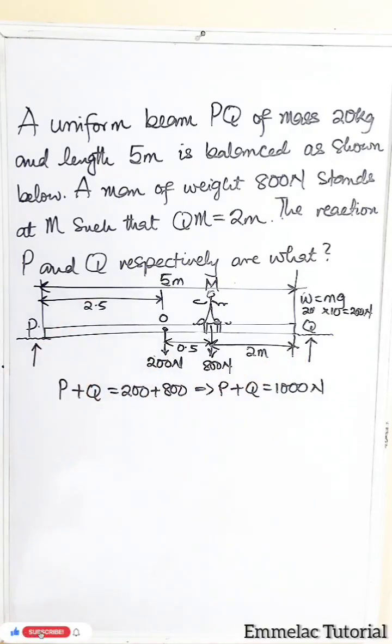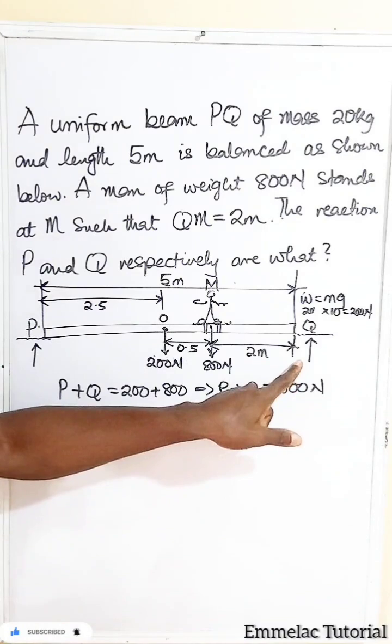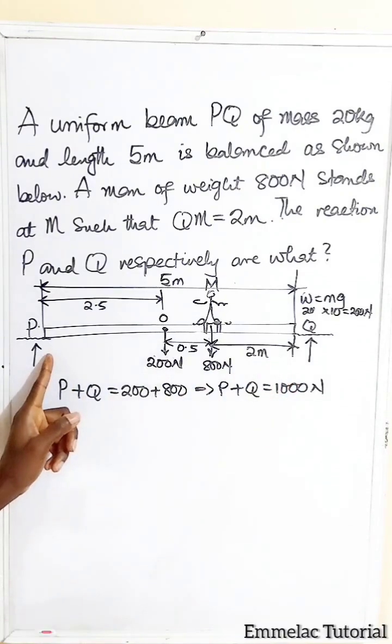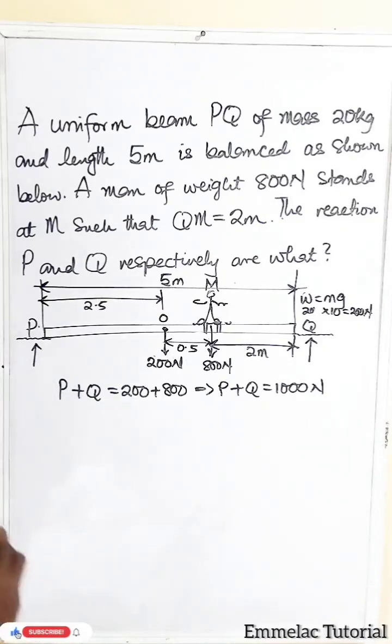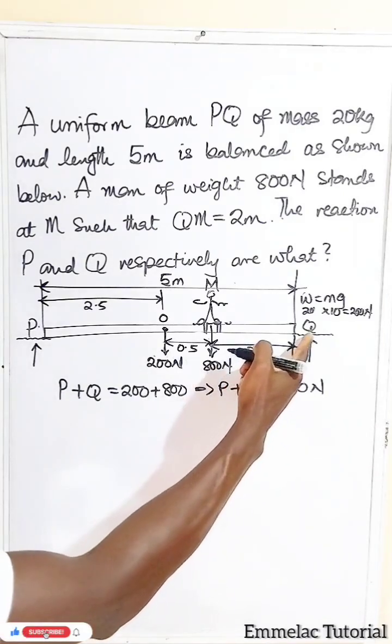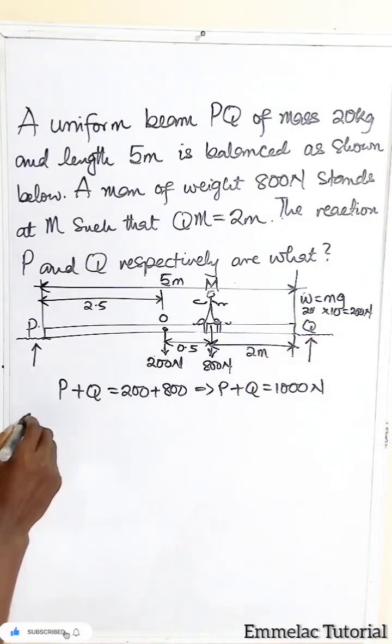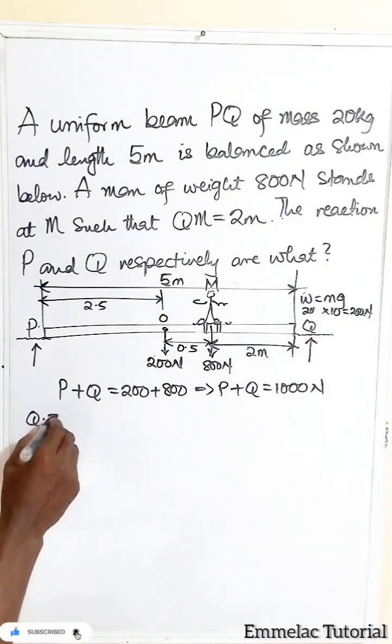Okay, no, sorry. Let us take from P. Then our Q from P is 5 meter, right? So then the moment of Q from P will now be Q times 5.